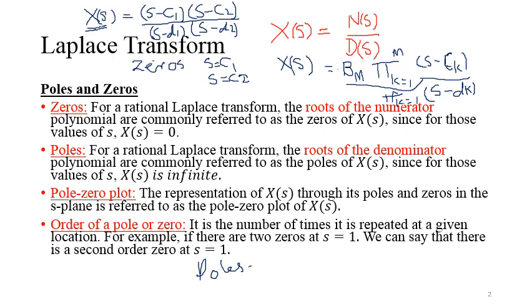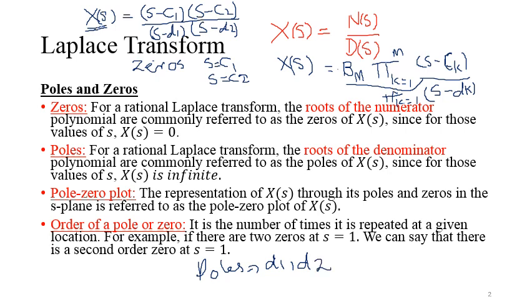For this particular case, when s equals d1, we have d1 minus d1 equals 0, and the numerator divided by 0 will be infinity. So as we have defined, poles are those values of s for which X(s) is infinity. Because we have two terms here, we have two poles, one at d1 and the second pole at d2.